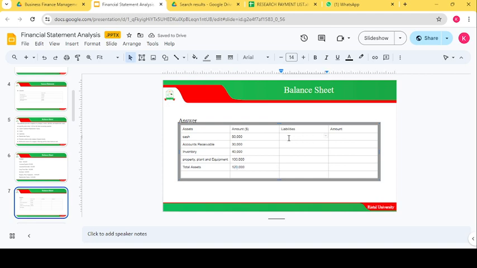So let's come and identify our liabilities. We have the accounts payable, which we were given as 20.